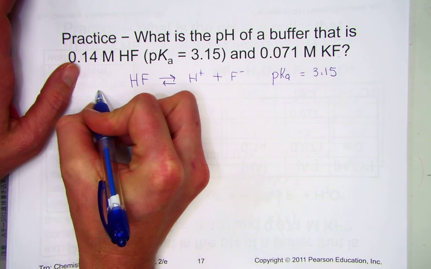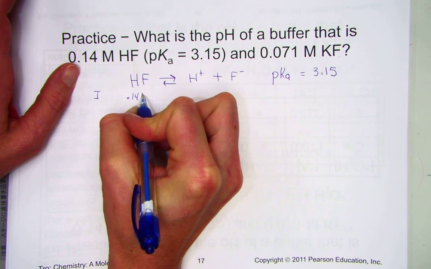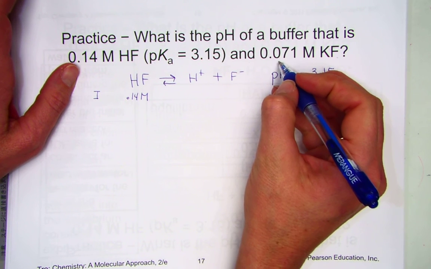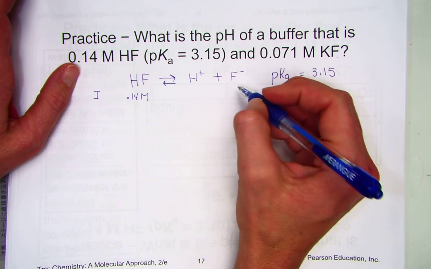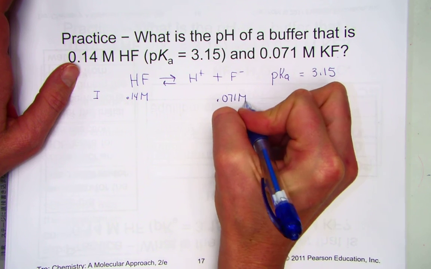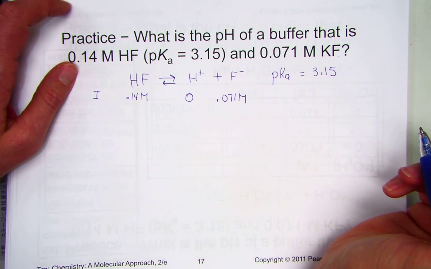We have an initial concentration of 0.14 molar HF. We have an initial concentration from the common ion. Potassium fluoride is the source of the fluoride ion, 0.071 molar, and 0 as the initial concentration of our acid ion, hydrogen.